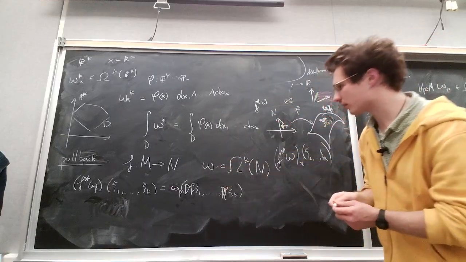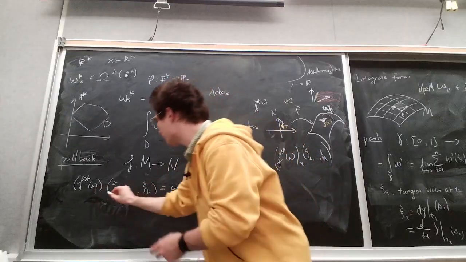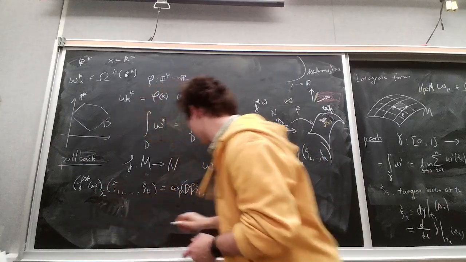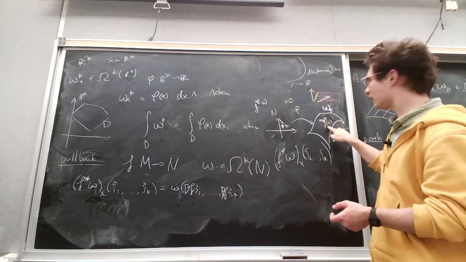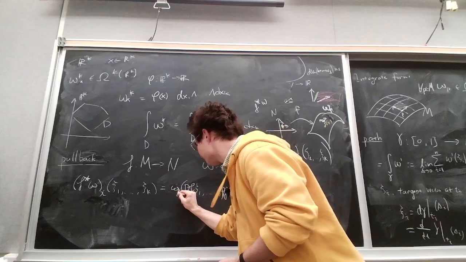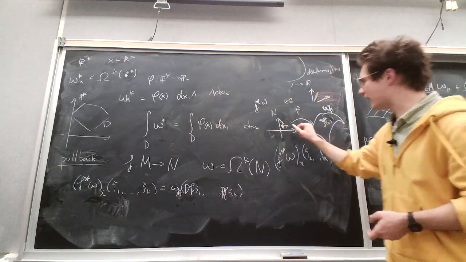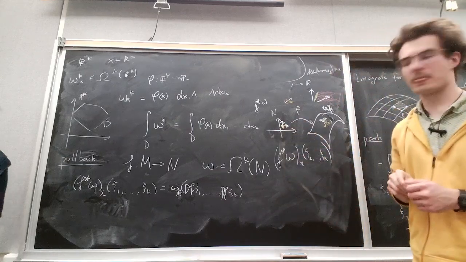So this is almost correct. Let me remove this. This is going to be at point X. I'm going to take this point and map it here to f of x, so I'm going to be evaluating this form at f of x. And now I have these tangent vectors here. Do you agree?